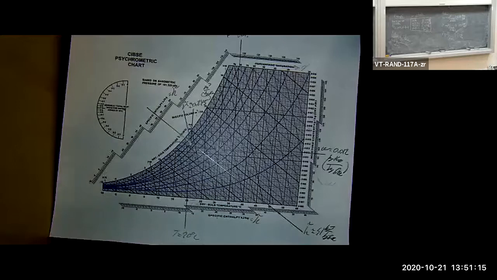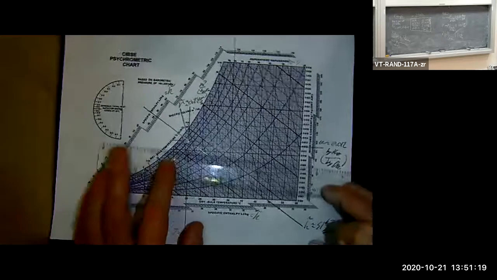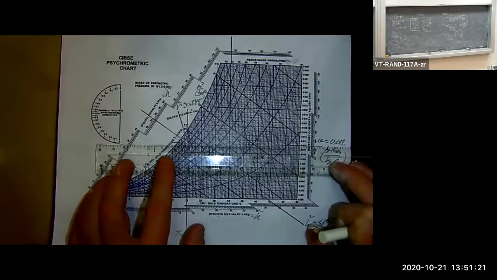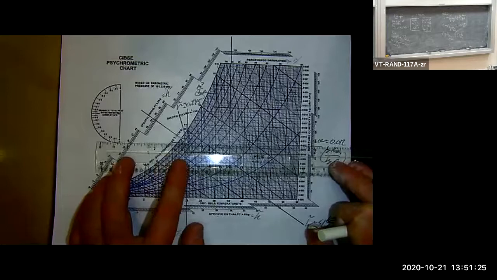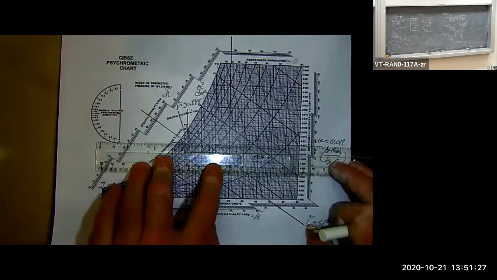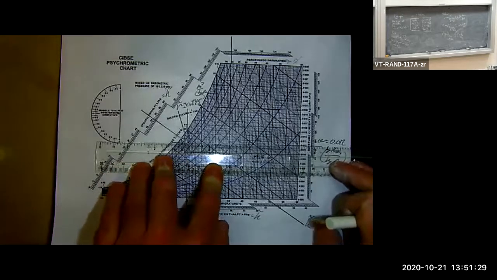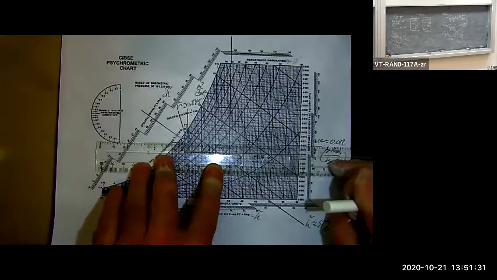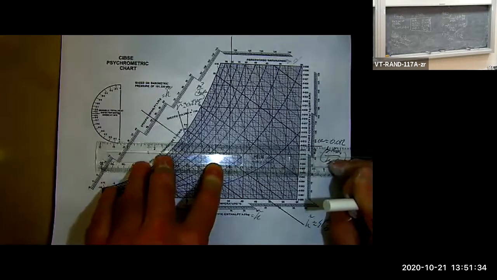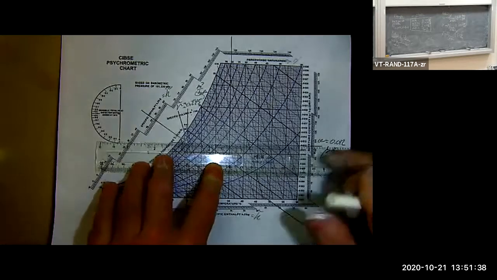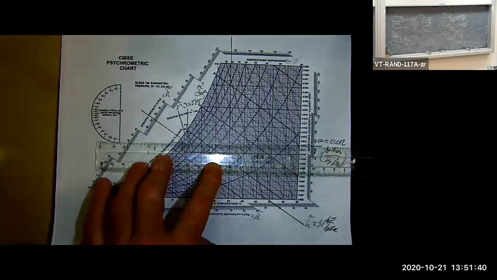Okay, so we know we have a humidity ratio of 0.012 kilogram H2O per kilogram of dry air. Now, as I cool the room down, I'm not injecting any moisture or dry air into the room. I'm just changing the temperature. That means the absolute humidity ratio, omega, is constant.